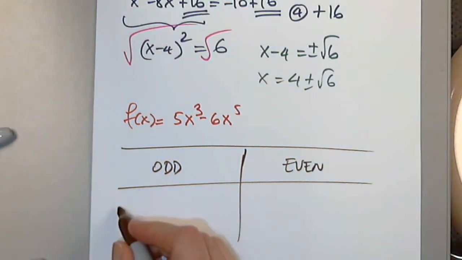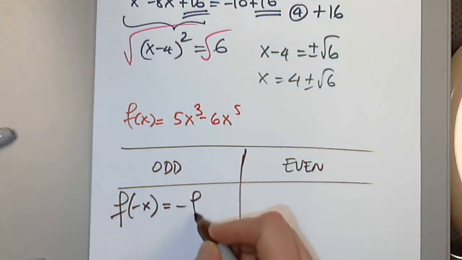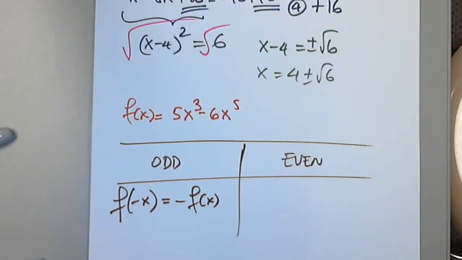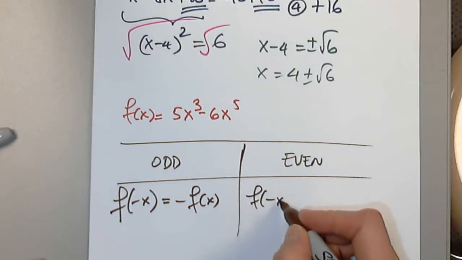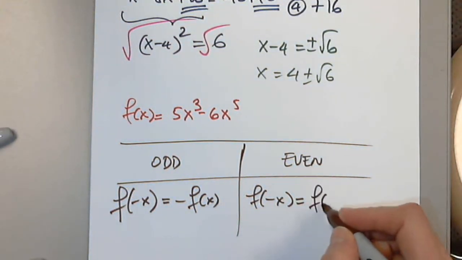Okay, here it is. f of negative x for odd equals negative f of x. Thank you. And in case of the even, f of negative x equals f of x. Very good.